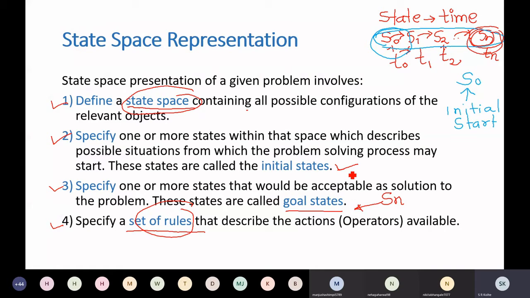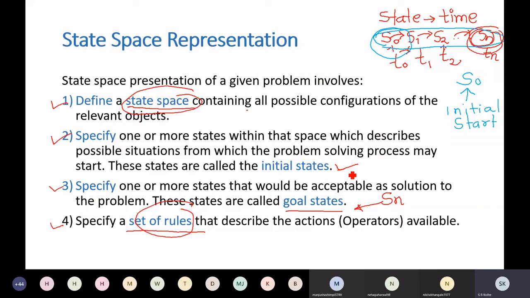Then you are going to specify a set of rules which will describe the actions or operators. So this set of rules, basically these are the rules of the particular problem, or rules of the particular puzzle. If you are solving a puzzle or a game, then that can be the rules of the game.